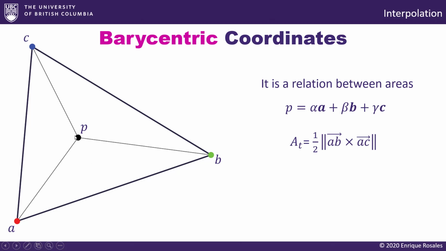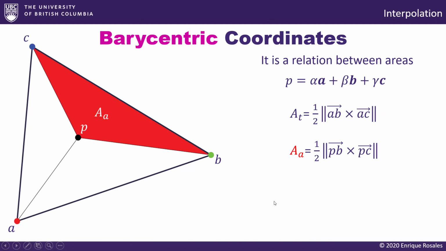So imagine that you are connecting point P with those lines, and that gives us three little triangles, and we will compute the areas of those triangles, right? So the first area is the area that corresponds to the point A, and that will be the area that is on the opposite side of A, right? So area AA is the one that is opposite to this point.